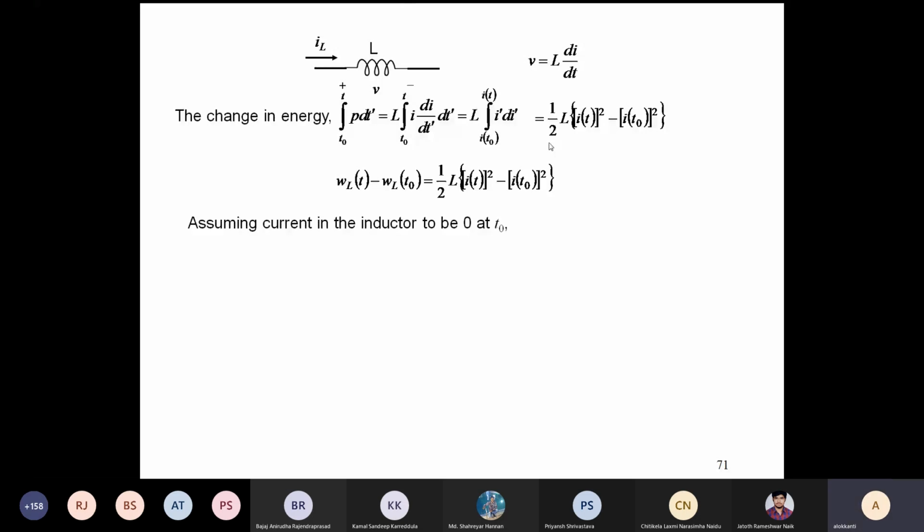Now comes the assumption that if initially there is no current in the inductor, so the current is assumed to be 0 at t0. So then i(t0) is 0, and you are only left with half L i square as the energy. That is how we get the expression for the energy in an inductor as half L i square.